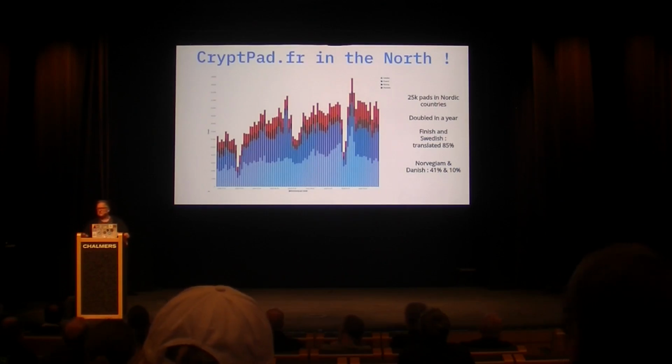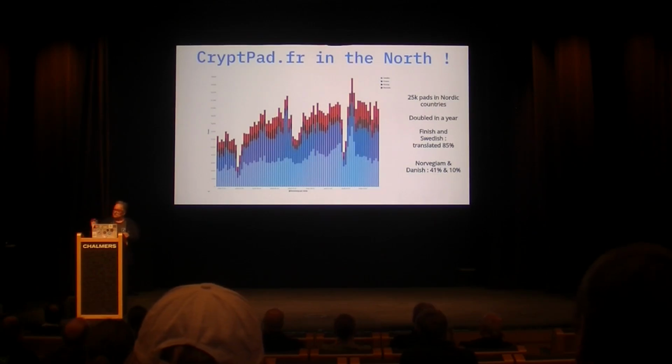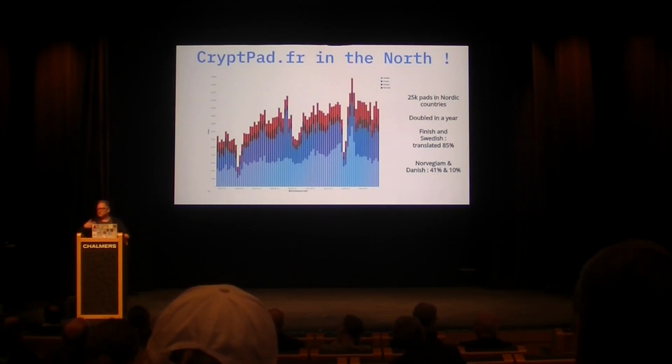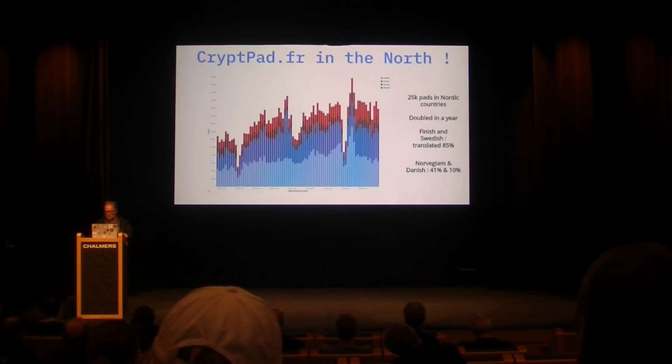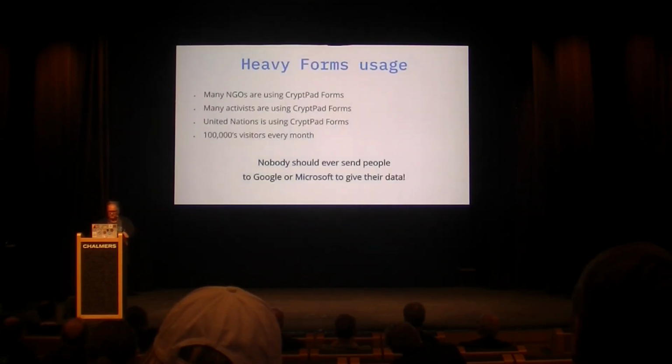We have 85% translations, so we're still missing some. This is mostly because translations are regularly added in the software. But we're not very well translated in Danish and Norwegian, so if there are any Danish and Norwegian speakers, you're very welcome to encourage people to complete our translation and make the software more accessible in your country.